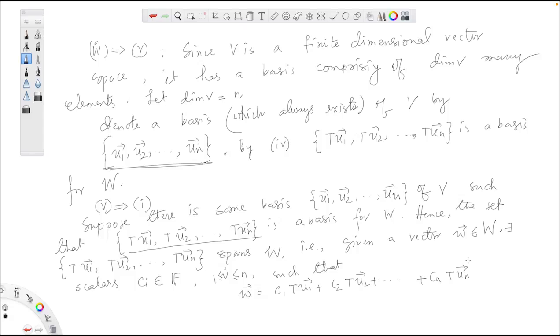Now we apply the linearity of the transformation T to write it as T of C1 u1 plus C2 u2 plus all the way up to Cn un, since T is linear.